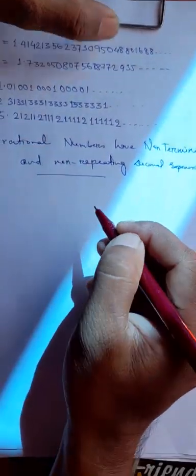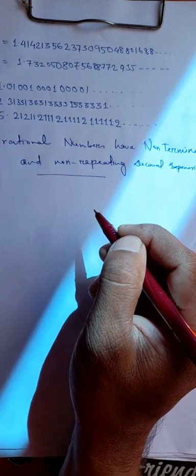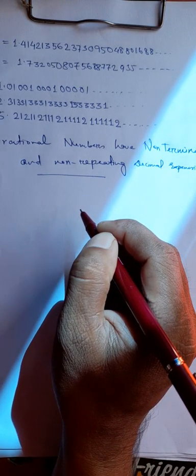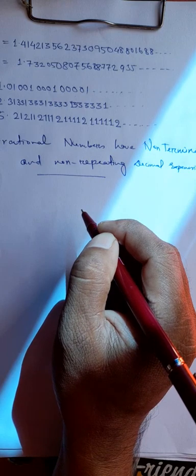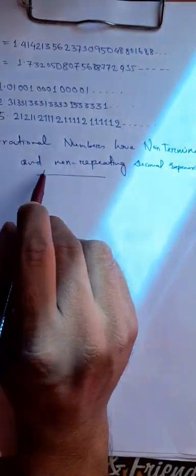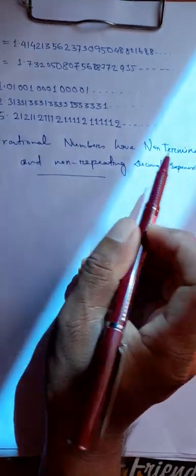So we got to know two very important things, that rational numbers have decimal expansions that are terminating or non-terminating but repeating, recurring, whereas irrational numbers have non-terminating and non-repeating decimal expansion.